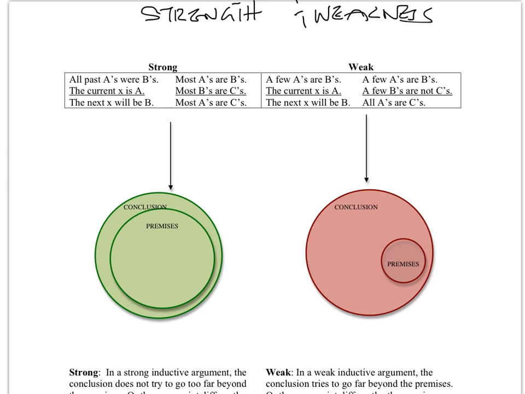And this is the cousin to the notion of validity in the case of deductive arguments. But because deductive and inductive arguments are such different things, they're like different games, we don't use the concepts that apply to one game to the other.